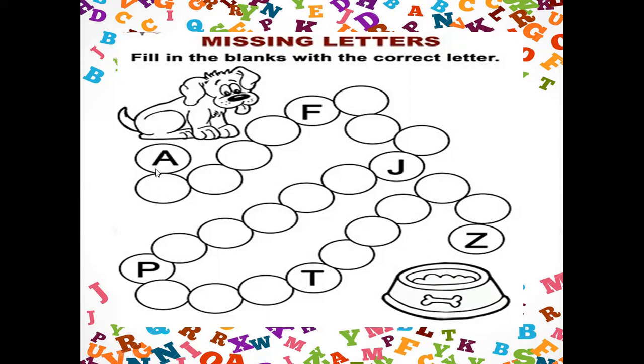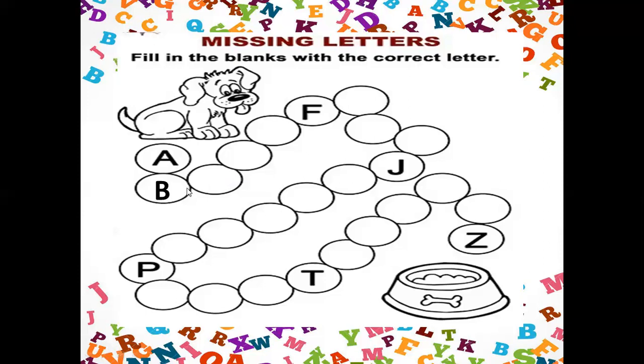The letter after A is C. No, the letter after A is B. Okay, and this is the letter B. A and B. Now 1, 2, 3 letters are missing continuously, and after that we have the letter F. The letter F is mentioned, but before F, three letters are missing.